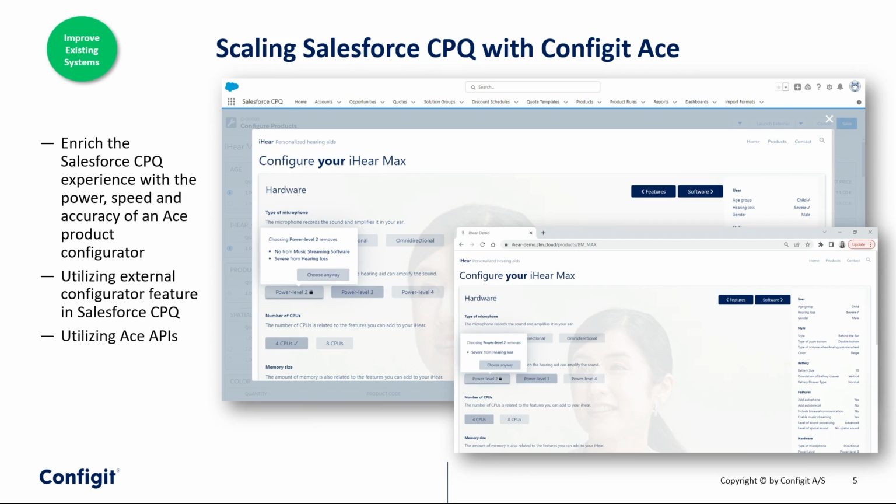But we are also utilizing the ACE APIs. So this is what makes this possible to do. And as you can see here on the screenshots, the big screenshot is showing this configurator running in an iframe inside of Salesforce CPQ, whereas then the smaller screenshot is showing this running on a public website. So I want to show you this also in a demo, how this then actually works in real life when we work with it.